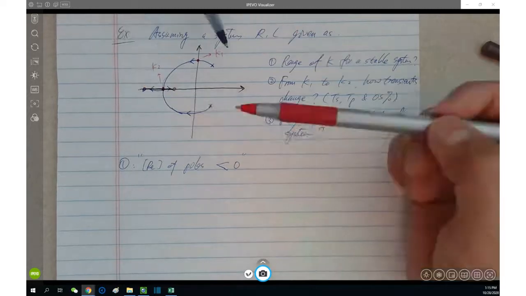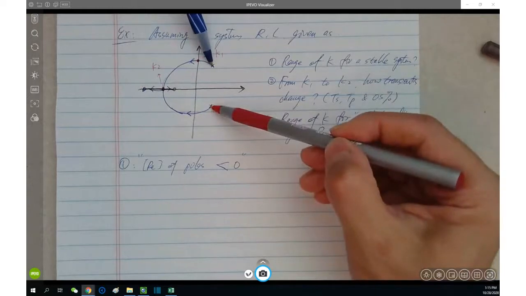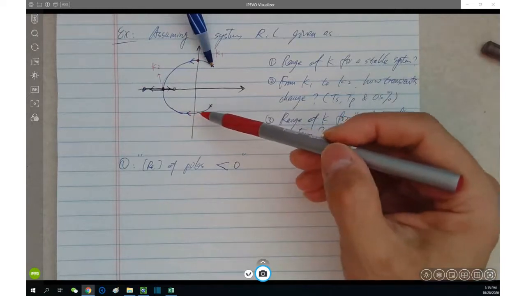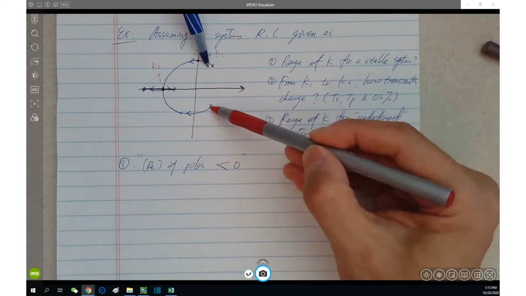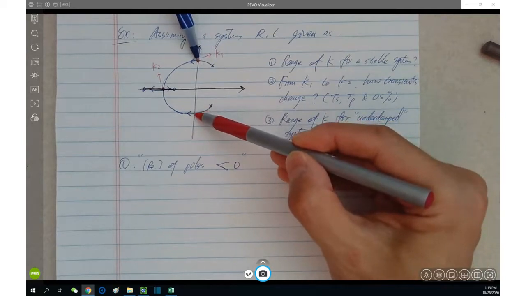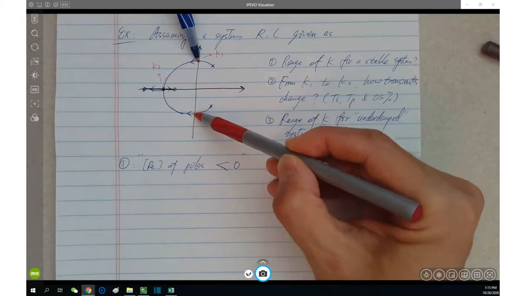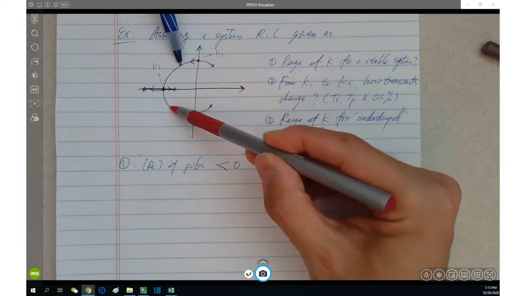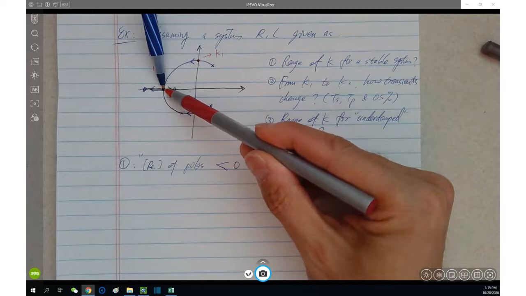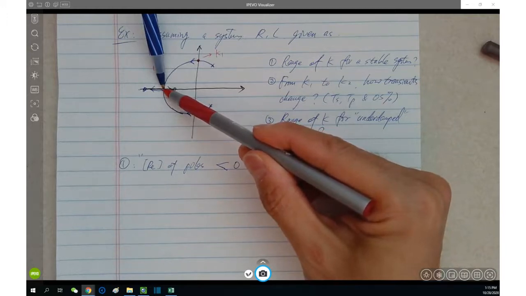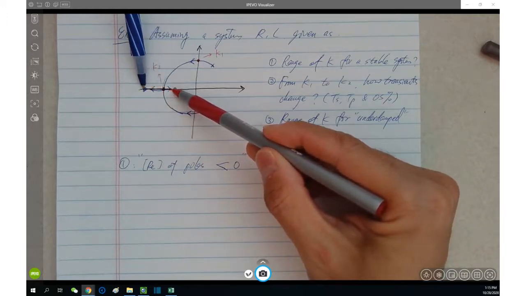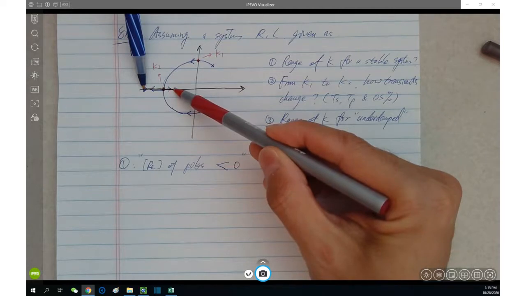Once again, starting from here, because we have arrows, so you know where it started. They move with the increase of K. Reaching the y-axis, and further they move to intersect with the x-axis at the same time, and then they split to different opposite directions and end at different points.